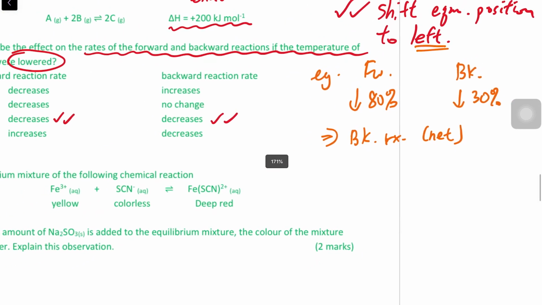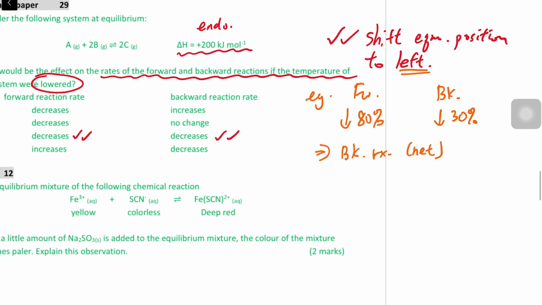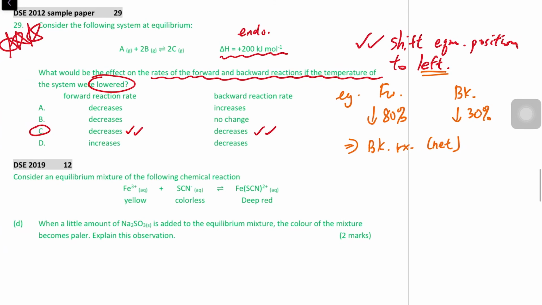In this case, yes, both reaction rates decreased, but not by the same amount, because the forward reaction decreased by a larger amount, so the net reaction will be backward, and hence the equilibrium position will shift to the left. And this is why I say this question is quite difficult.